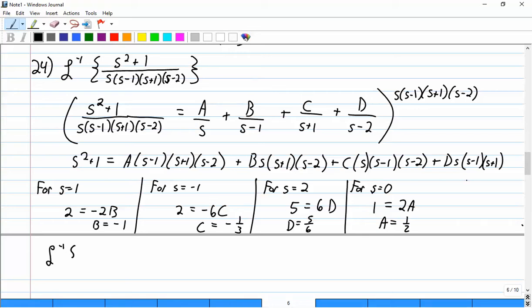All right, so I have the inverse Laplace transform of 1/2 over s, plus negative 1 over s minus 1, plus negative 1/3 over s plus 1. You can make those minus and make the number in the numerator positive if it makes you happier. c was negative 1/3, and d is 5/6.